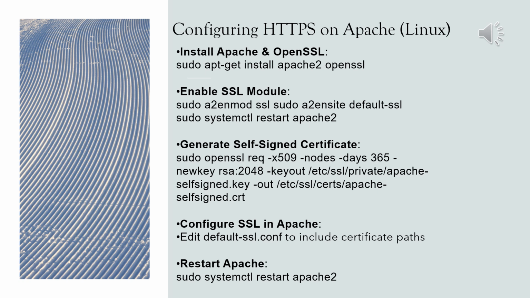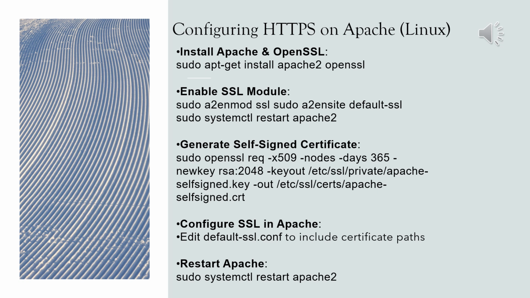Configuring HTTPS on Apache is another slide that we need to talk about. You install Apache and OpenSSL by using this code that you see on the screen. To enable the SSL module, you would use both these codes that you see on the screen: sudo a2enmod ssl, and then this code, but also using default-ssl, and then the follow-up code as well.